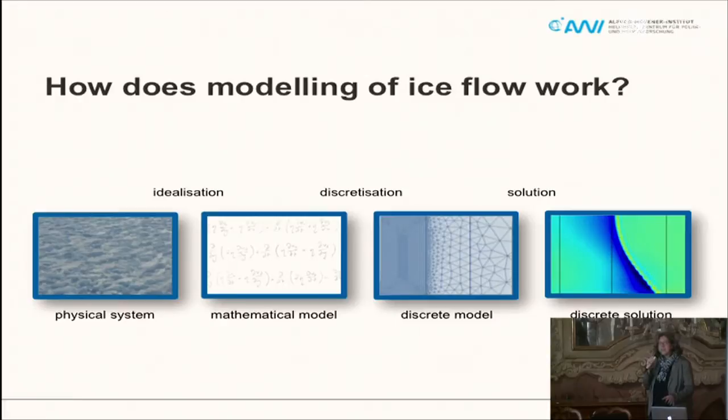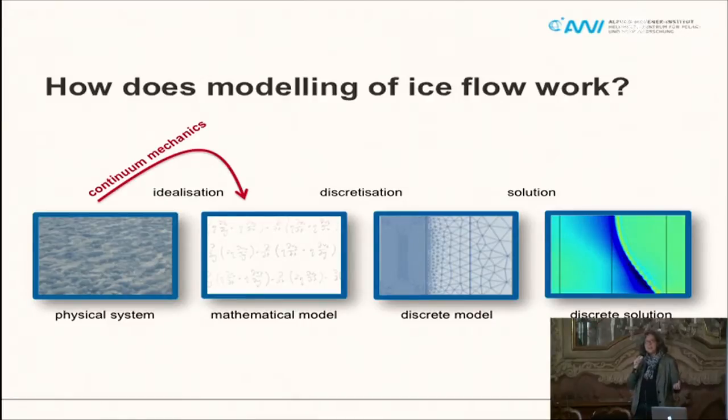At the very beginning, you have an understanding of the physical system. You have the ice sheet there, you have the material ice, and you need to find a physical description of that system. In our case, it is continuum mechanics. So we describe the material and the system not on the atomic scale, and we don't do it like an engineer would, constructing a bridge.